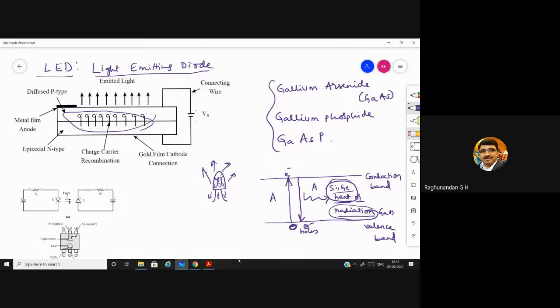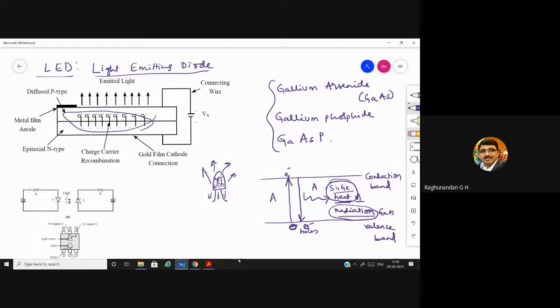So this is the diffusion, the recombination process that I explained here. So jumping of electron, coming back of electron, because of this continuous process, light is being emitted. And as you have seen, this is always forward bias. Remember, LED will always be forward biased. Why will the LED always be forward biased?